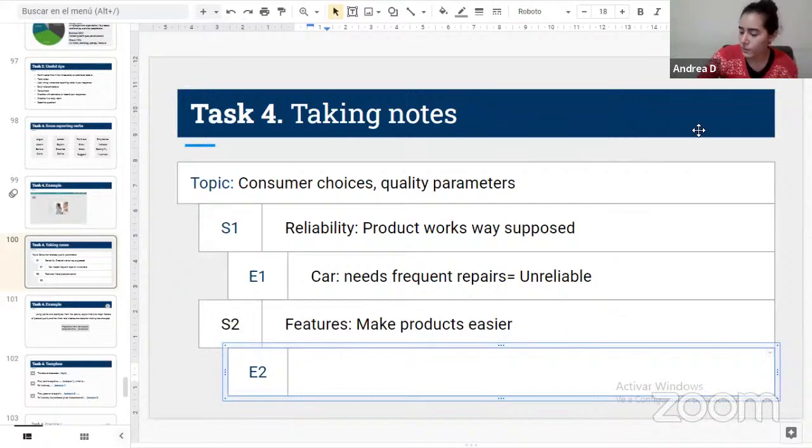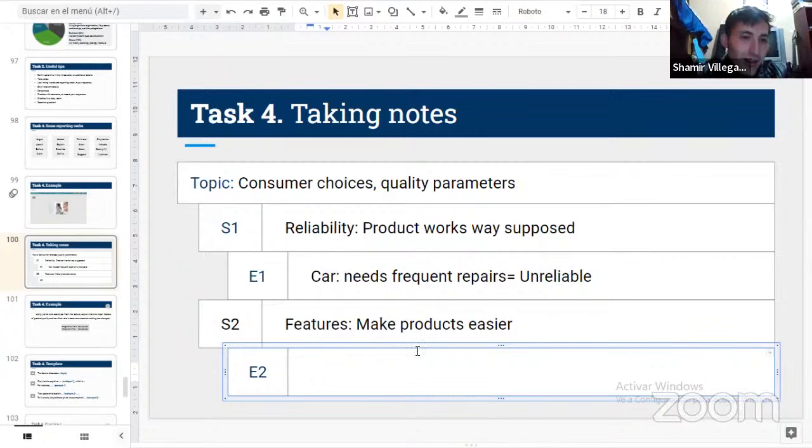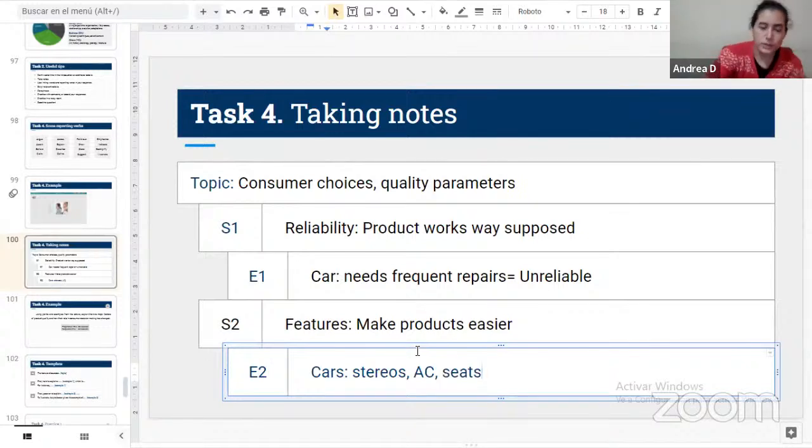Anyone remembers? And yes, the characteristics in cars, for example, stereo sound or air conditioning, I suppose comfortable couches inside it. Okay, so yes.